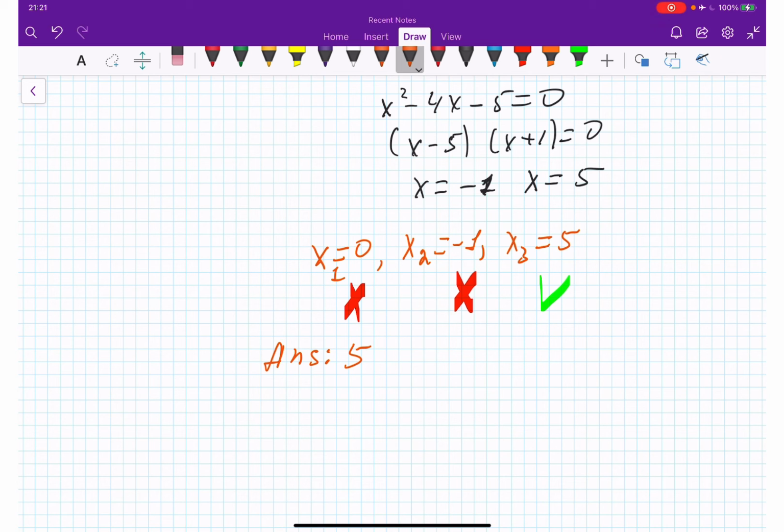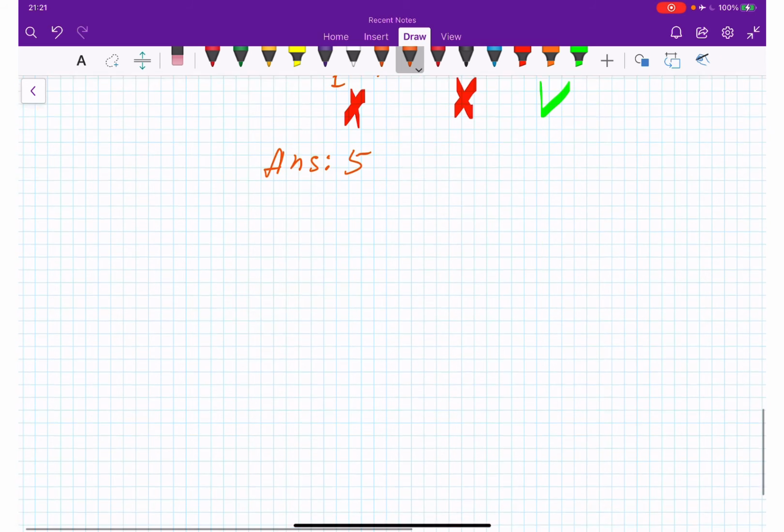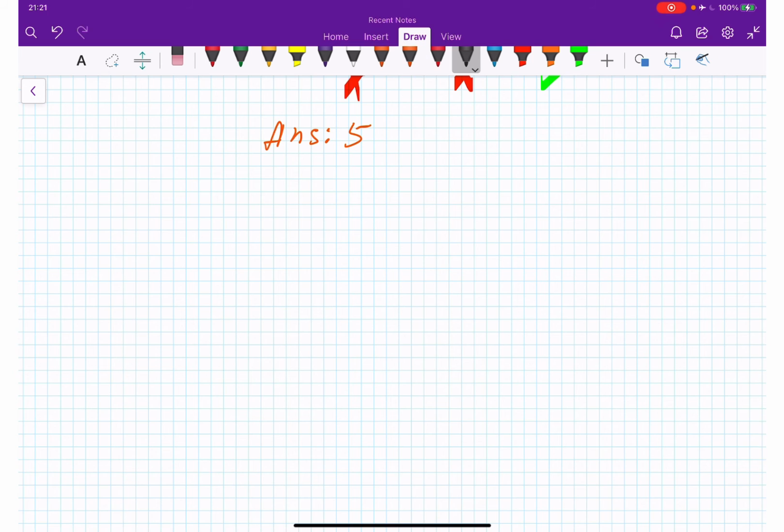Okay, then let's solve another one. Number 3, square root 3x plus 10 minus square root x plus 2 is equal to 2.